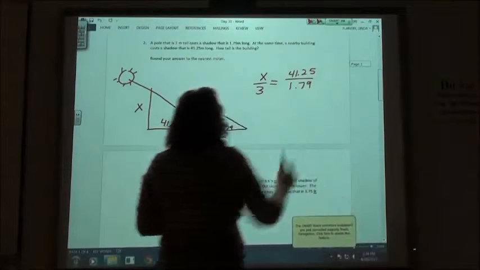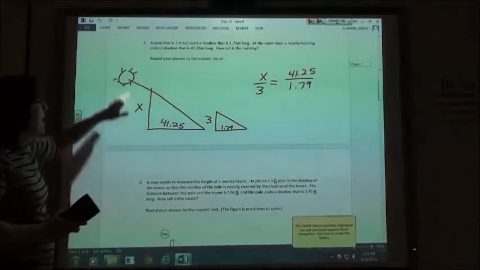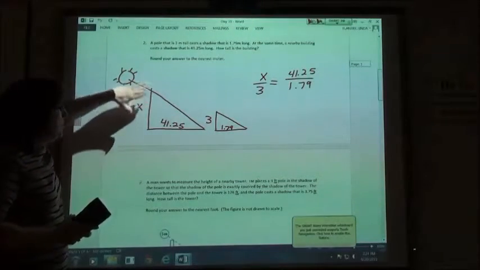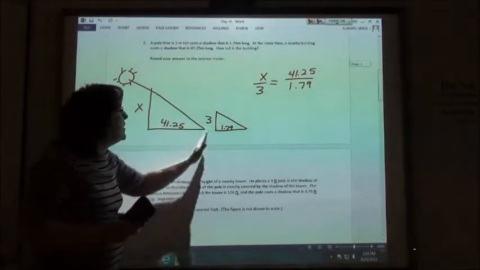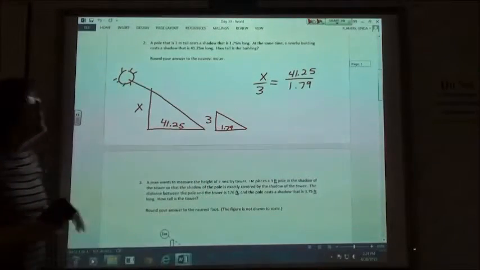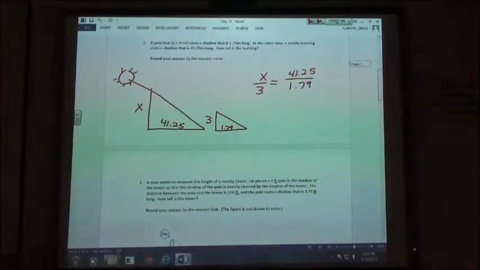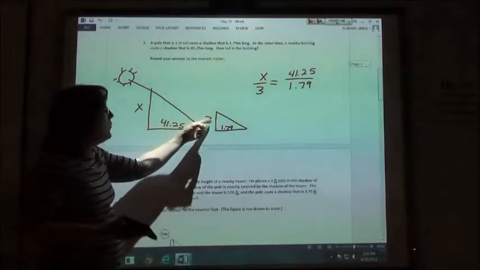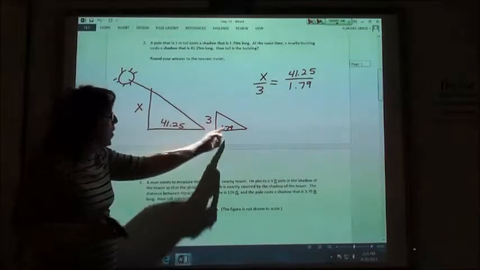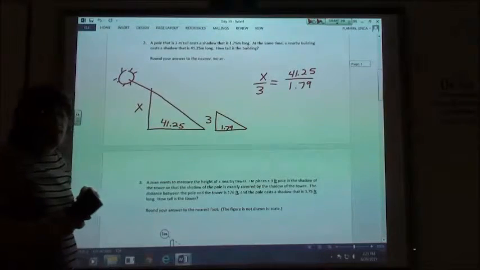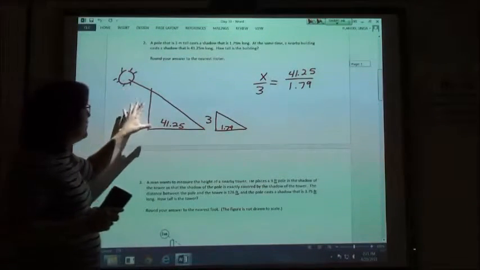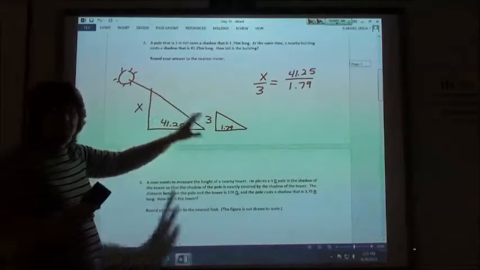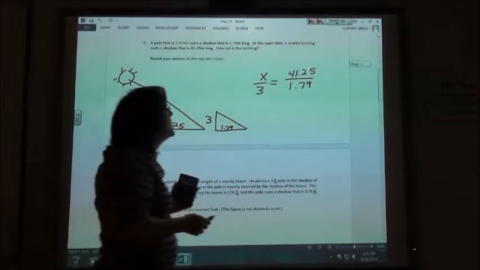Now again, I have the height of the building to the height of the pole, shadow of the building to the shadow of the pole, so that things line up right. You could have, if you would have done the pole first, had the 3 over x and the 1.79 over the 41.25. It's going to end up working the same way as long as whatever shape you start with, you're consistent when you do your proportion.